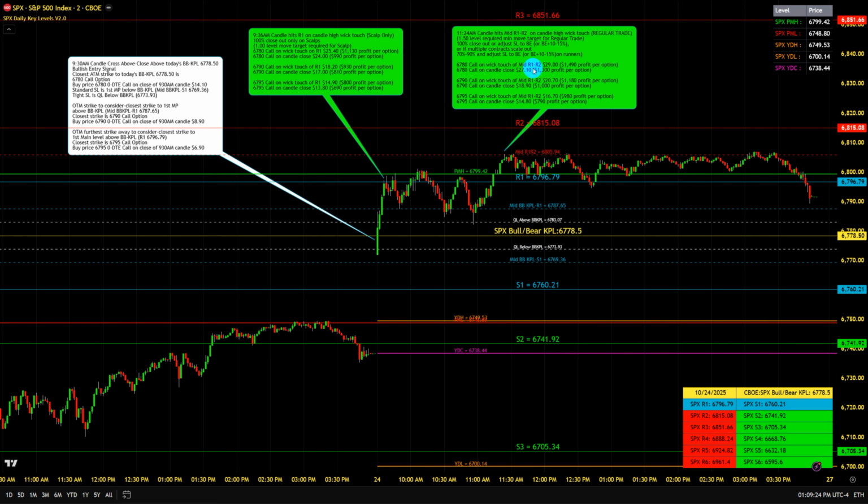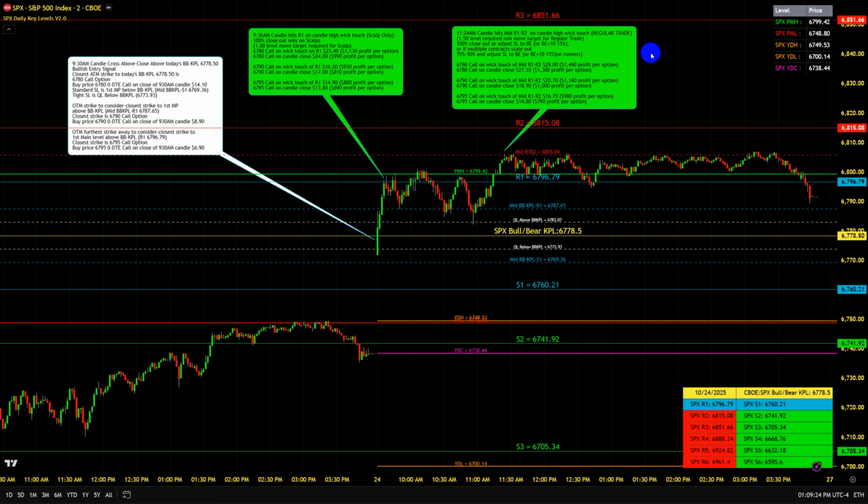However, when you're adjusting your stop loss, when it hits this minimum target on a regular trade, or it hits the ideal minimum target of 2 level, then at that point you're switching your stop loss to break even, or break even plus the 10 to 15% buffer, and it is now going to be based on the price of the option.